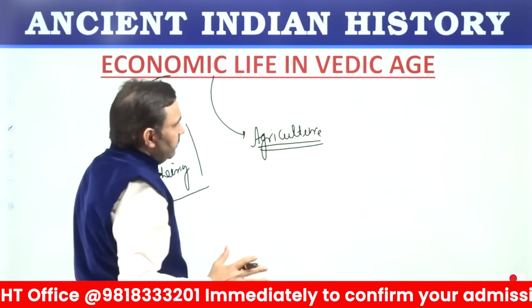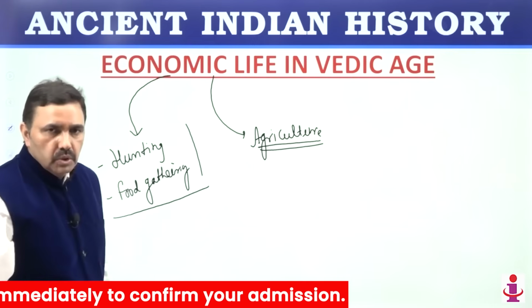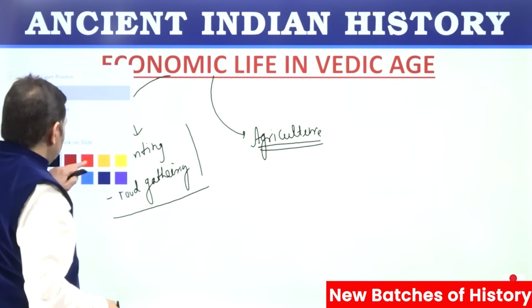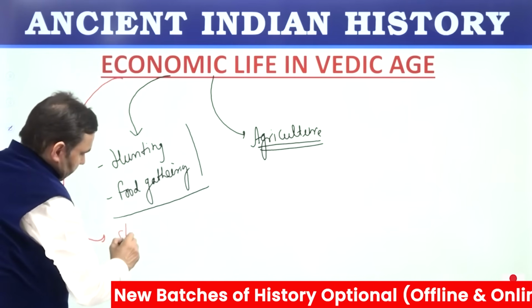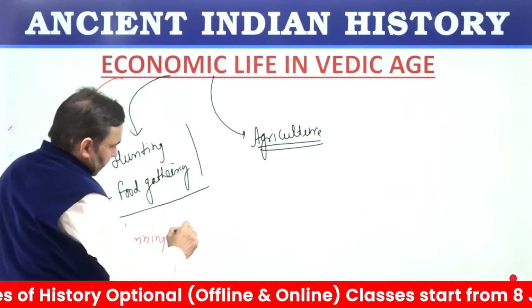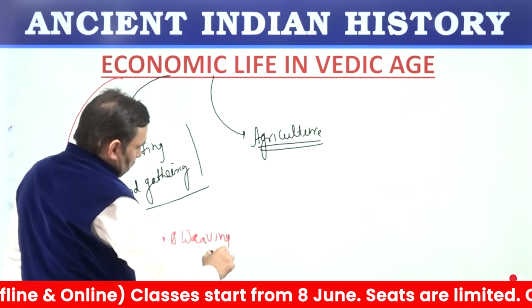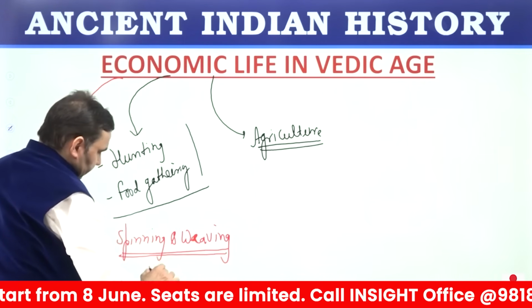A small amount of manufacturing activities such as making of clothes, spinning, weaving, etc. were also there. Some of these activities such as spinning and weaving were practiced by women, or spinning and weaving were the economic activities of women.